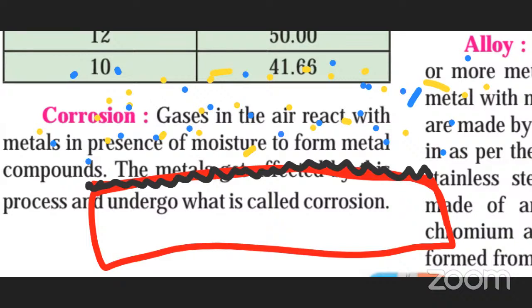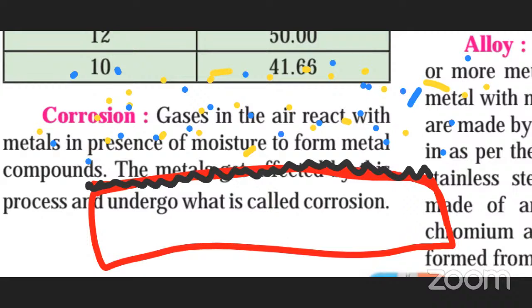This is known as corrosion. Means there will be a change in the surface of the metal, so the shine of the metal will be lost. Initially the metal surface was very shiny, but when it reacts with these gases and moisture present in the atmosphere, some other compound will be formed. After formation of such a compound, the shine will be lost. And such reactions are known as corrosion.